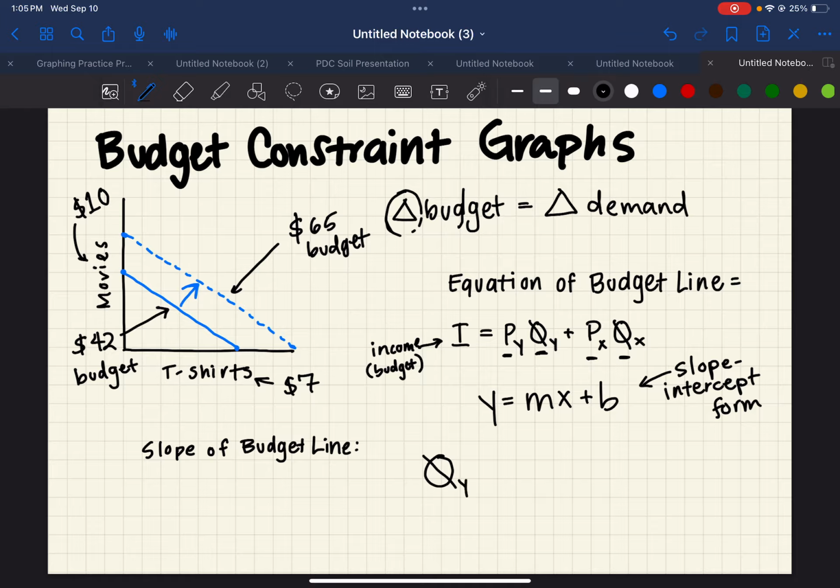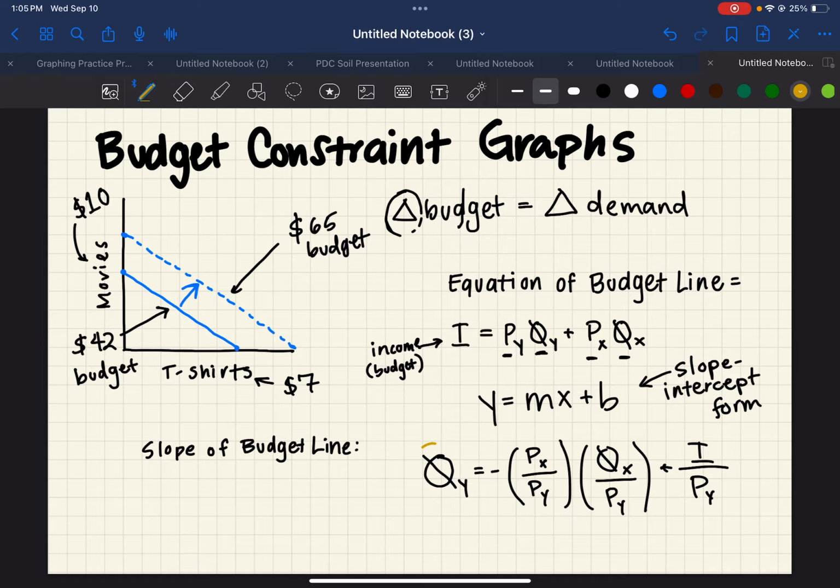It looks like quantity of y equals negative price of x over price of y times quantity of x plus the budget over the price of y. That's kind of difficult to interpret, but it does mean the same thing. So quantity of y is just your y variable. So that makes sense, right?